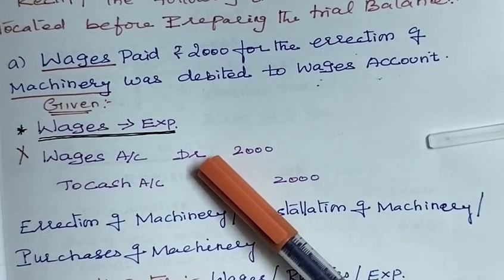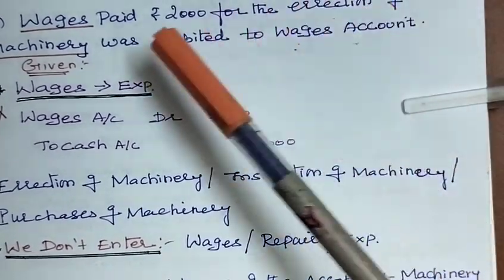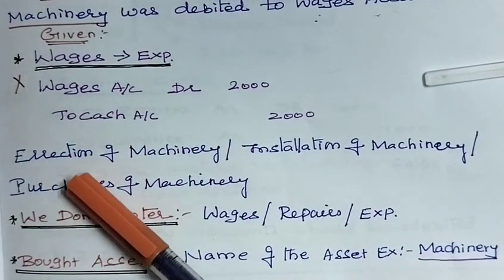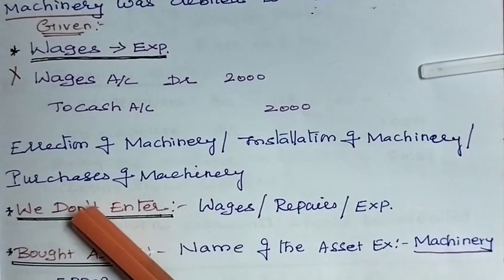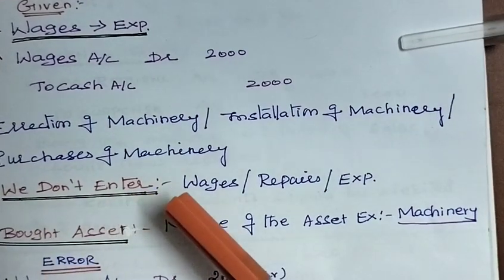Are you clear? Listen here carefully. What did they do? Erection of machinery. Whenever you erect machinery, install machinery, or purchase machinery, we don't enter wages.